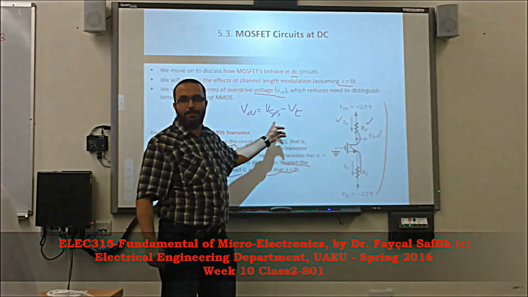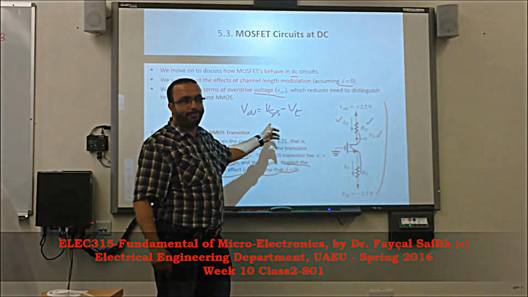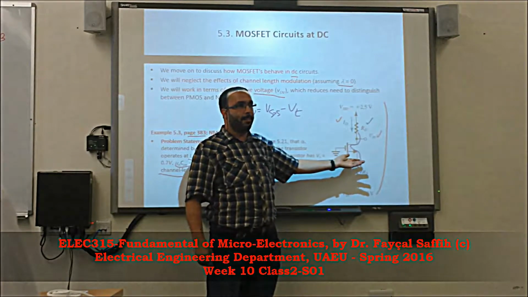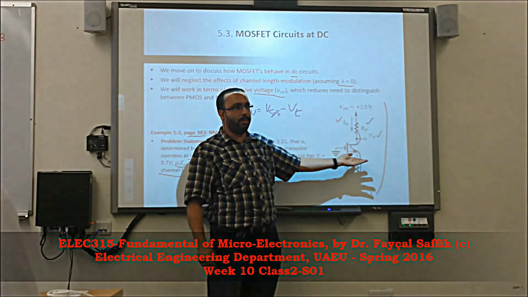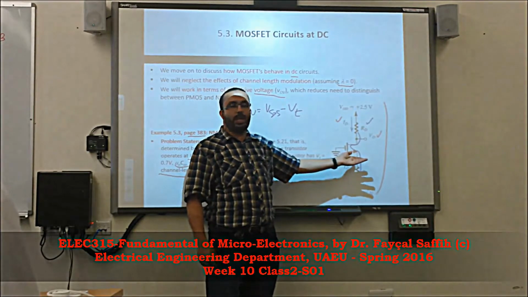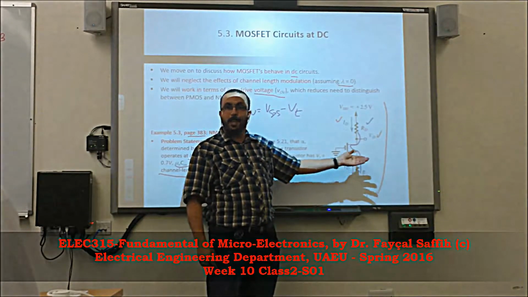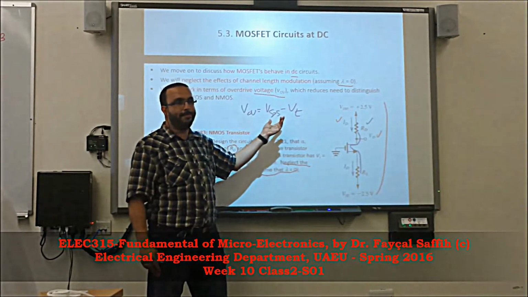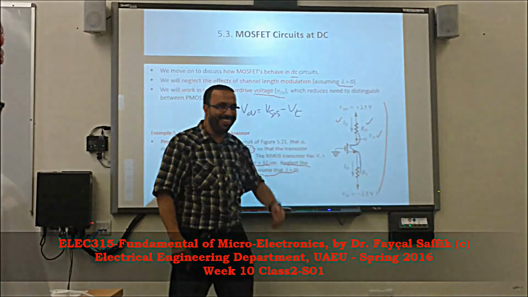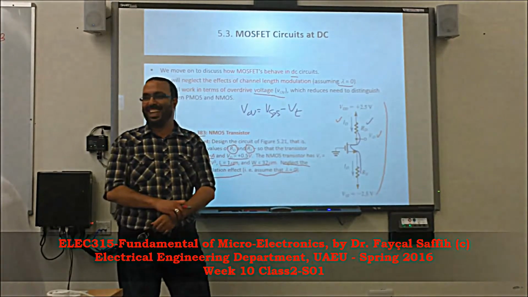So V overdrive is VGS minus VT. Now VGS, how much? We need to calculate it from the circuit. What is VGS in this circuit? How do you calculate VGS? V overdrive plus VT. You're killing me now.